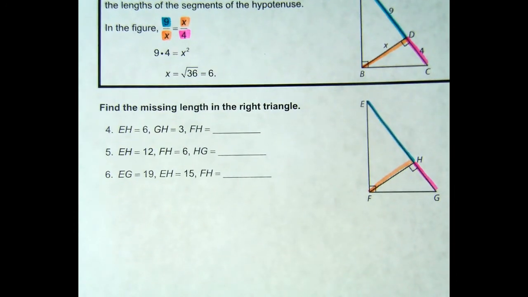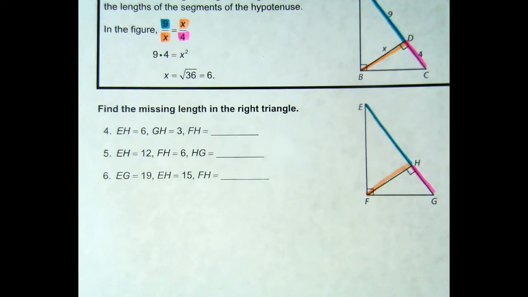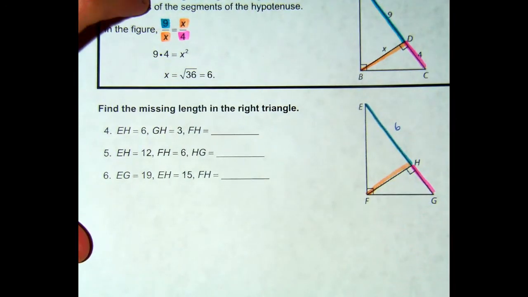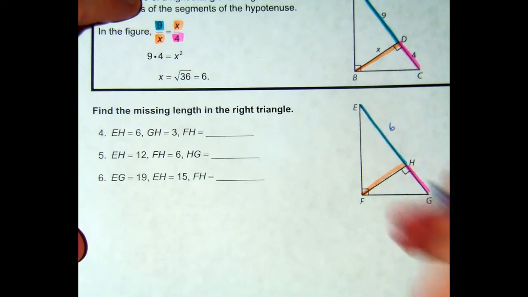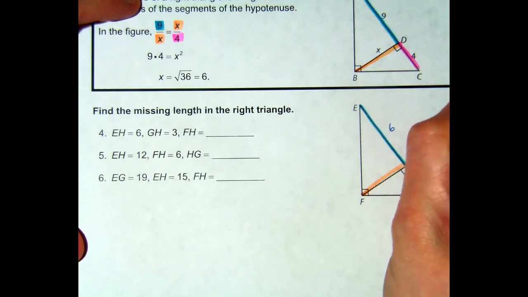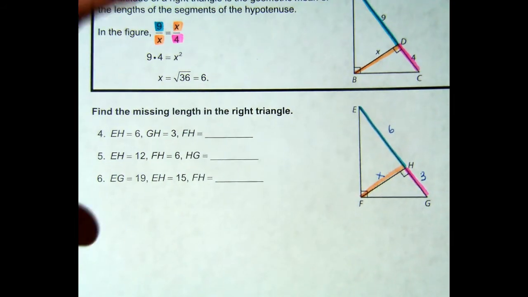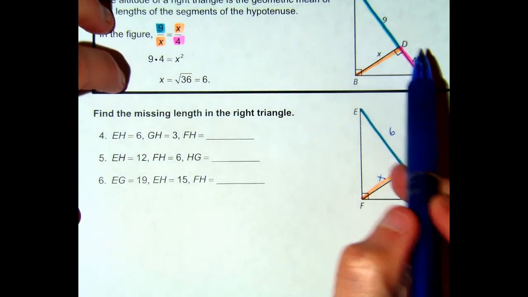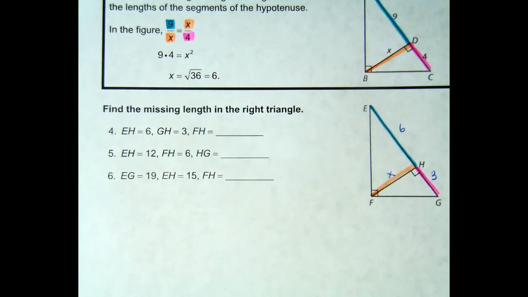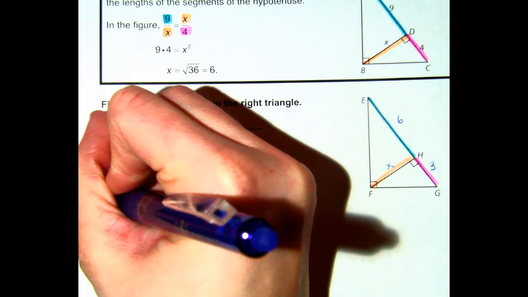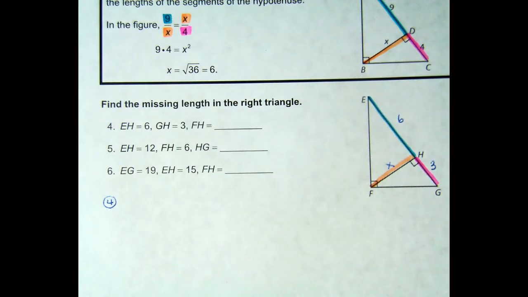Alright, number 4 says that EH is 6, GH is 3, and it wants us to find FH. Now this one looks just like this one, so I don't have to do anything that doesn't look the same. I'm going to write number 4 here, so I've got my work here, because we're going to have to erase and use the same problem.